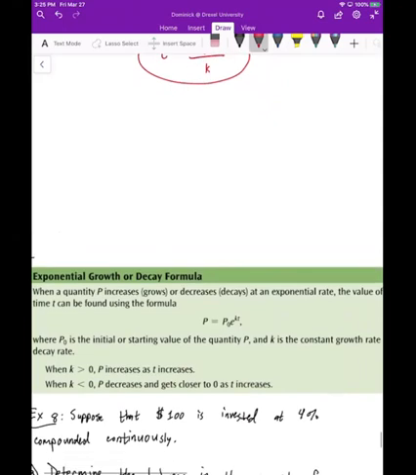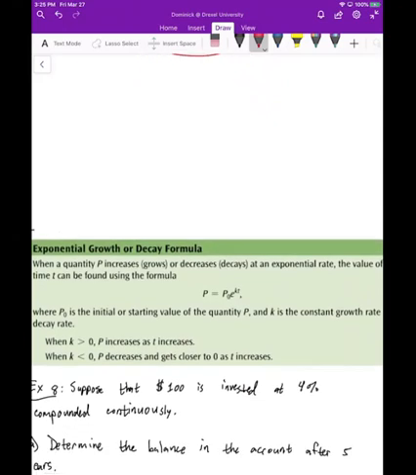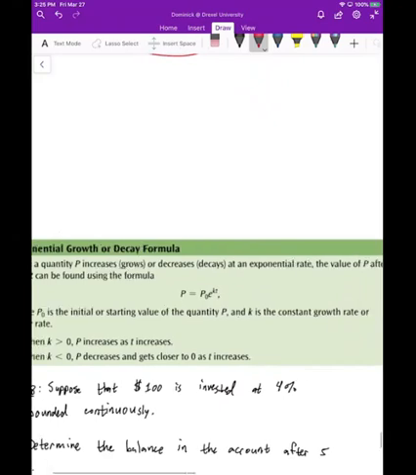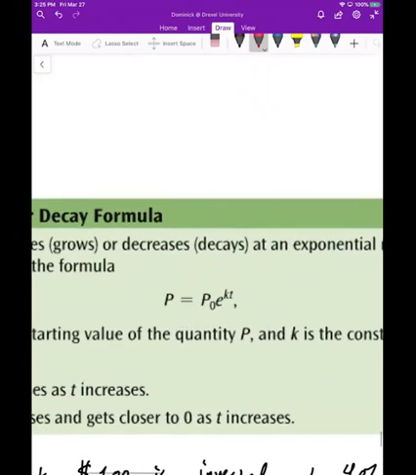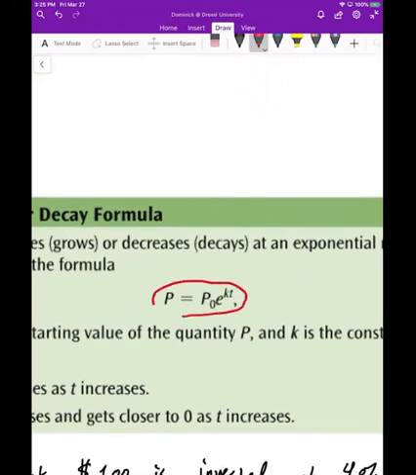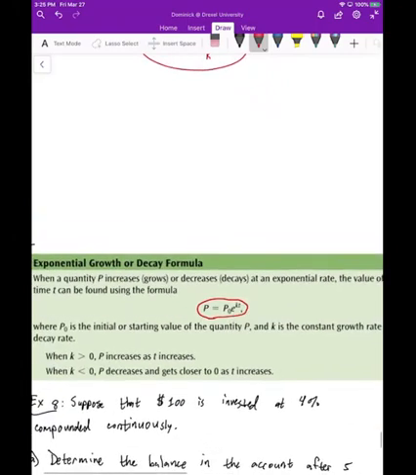Okay, so if you have a quantity either increasing or decreasing at an exponential rate, we can model the behavior by this formula here, right? So we have P is equal to P sub 0 times e to the kt. Of course, in this case, P0 is some sort of starting amount.